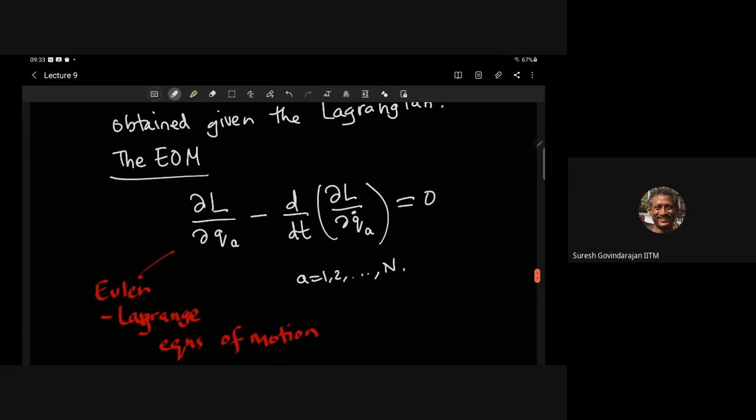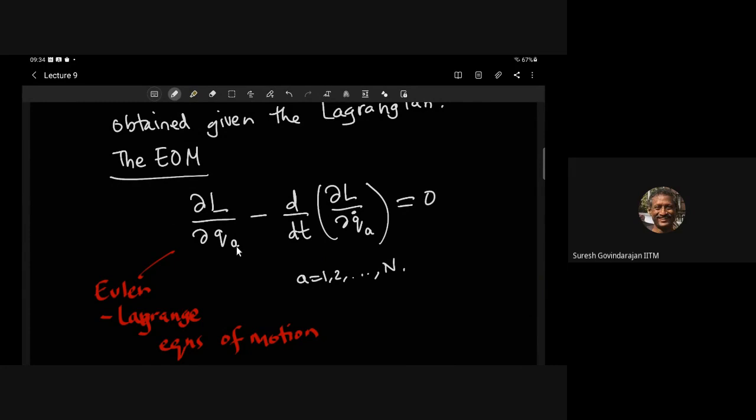If you look at the Euler equation of motion, can you see my mouse? No, sir. Now? Yeah, we can see. Okay, good. So this term is only a function of q and q dot.